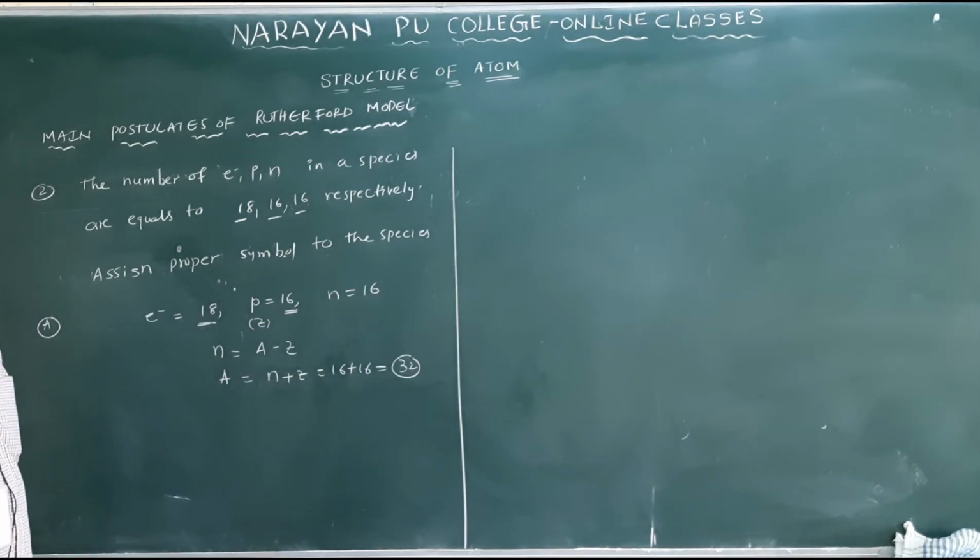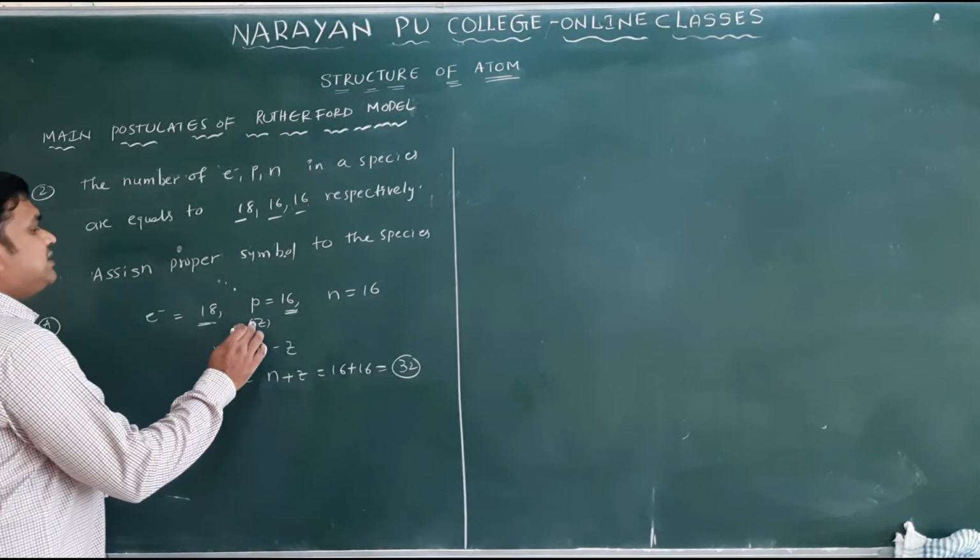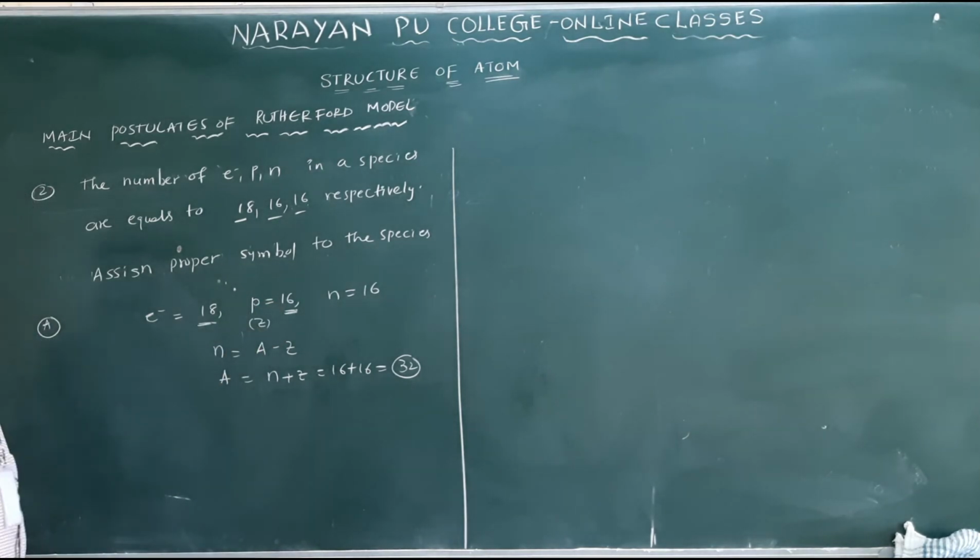Let us see here, electrons are 18, protons are 16. So protons are 16, but electrons are 18. What does this mean? Did the substance lose electrons or gain electrons? The substance gained electrons. How many electrons are gained? 2 electrons are gained. Gaining electrons always gives a negative charge. Losing electrons always gives a positive charge.